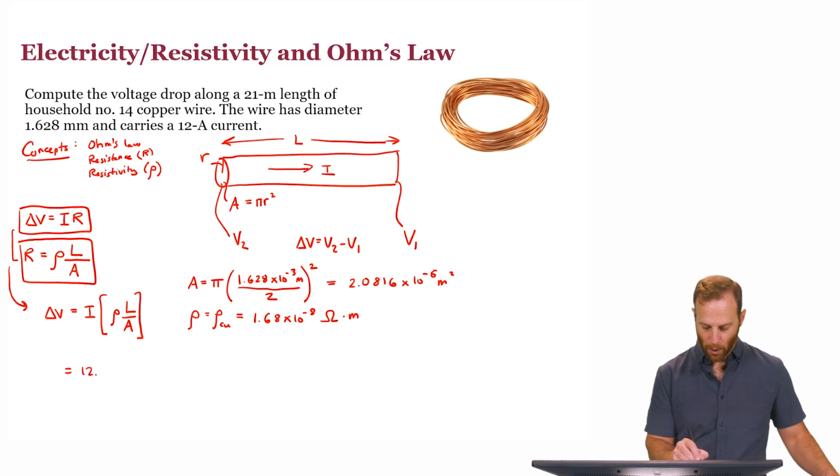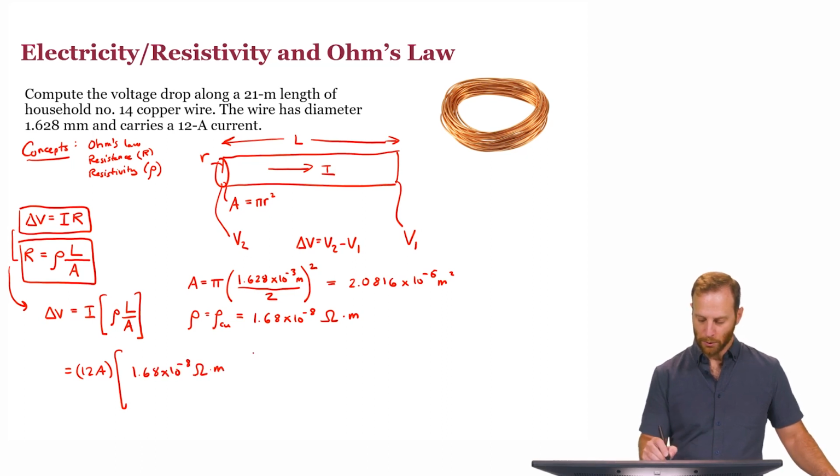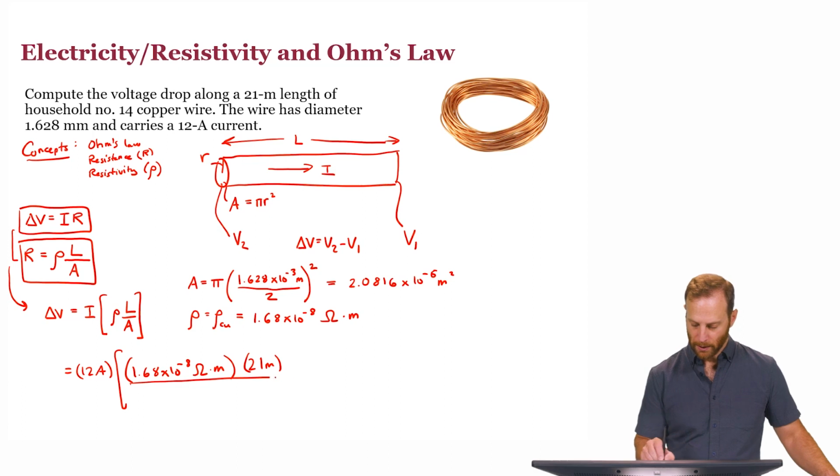The current, we're told, is 12 amps. The resistivity is 1.68 times 10 to the minus 8 ohms times meters. The length is 21 meters, and then the area goes underneath all of that, 2.0816 times 10 to the minus 6 meters squared.